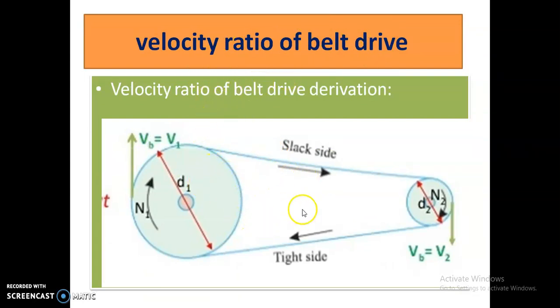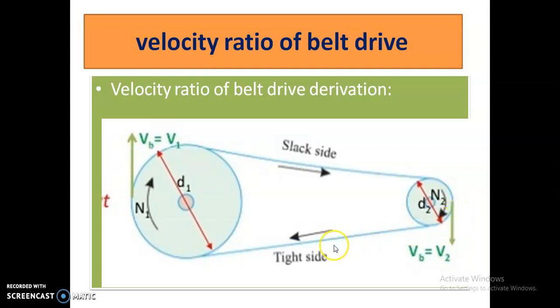This is an open belt drive figure for solving the derivation. This is the driver pulley and this one is the driven pulley. The diameter of the driver pulley is d1, the speed of the driver pulley is n1, and the linear velocity of the belt is v1. Here d2 is the diameter of the driven or follower pulley, n2 is the speed of the follower pulley, and v2 is the linear velocity of the belt.